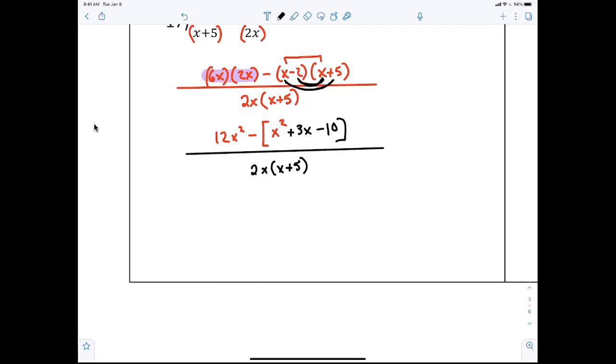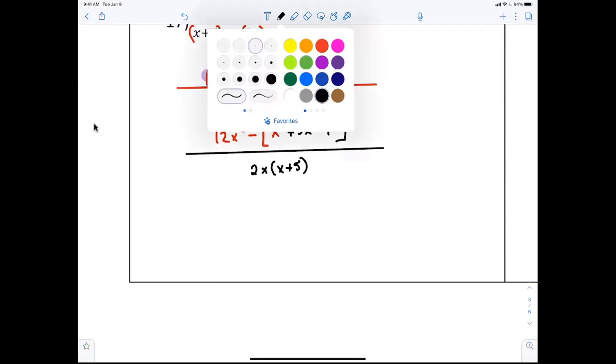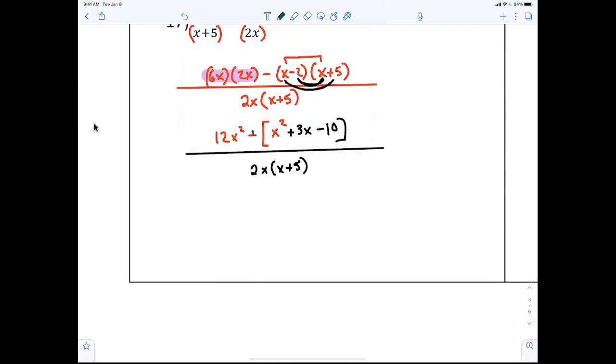Now we're going to distribute the negative. When I distribute the negative, this becomes a positive. This becomes a negative, this is a negative, and this is a positive.